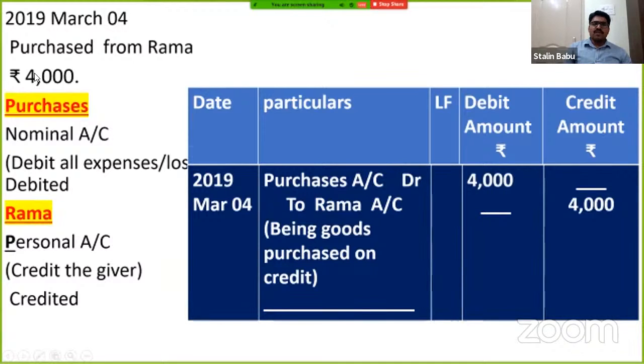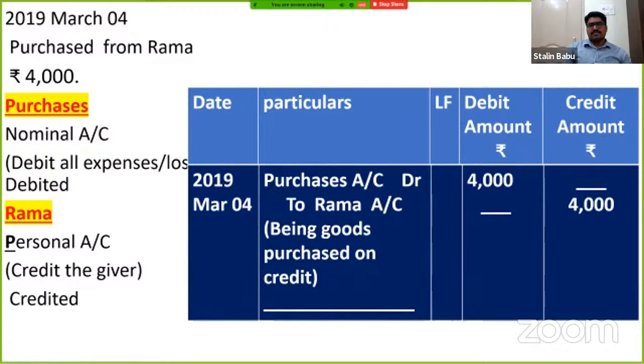Write the 4,000 amount in the debit amount column against the debit account, and write the 4,000 amount in the credit column against the credit account. After that, you write the narration of the transaction. What is the narration? Being goods purchased on credit from Rama.